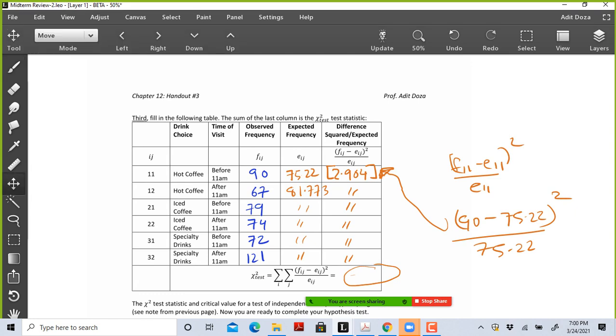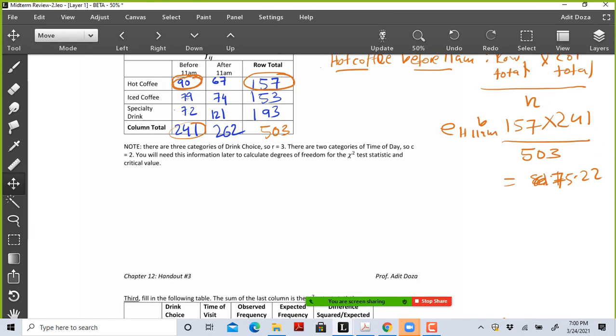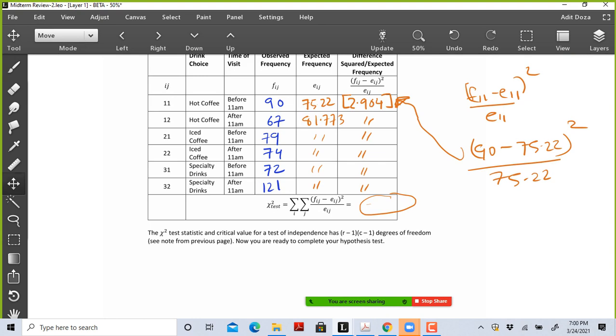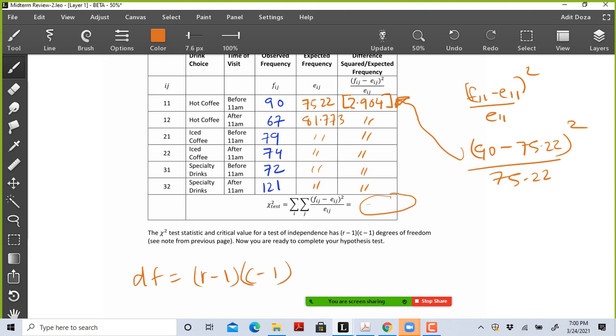All right. So once you do that, another thing you have to be careful of is the degree of freedom. So what's the degree of freedom in this case? R1 minus 1, C1 minus 1. What's R1? R1 is the category 1.